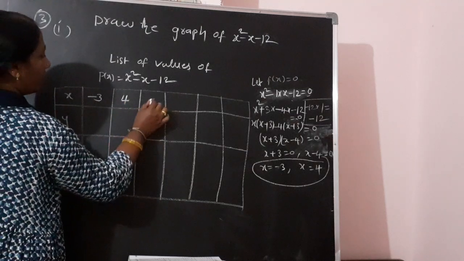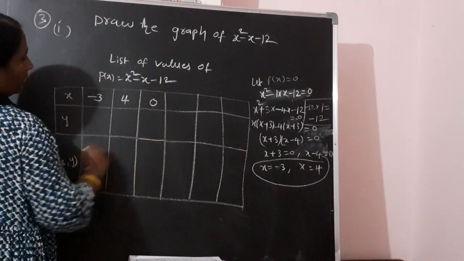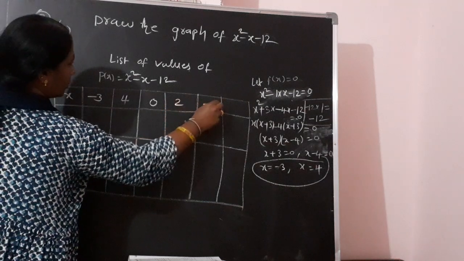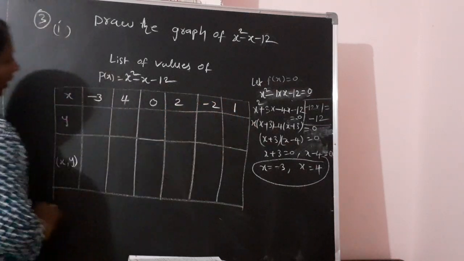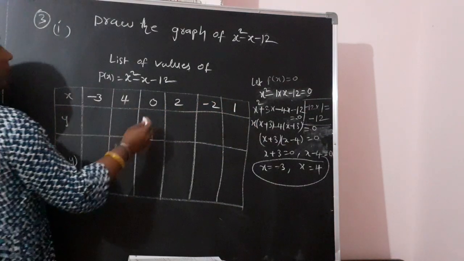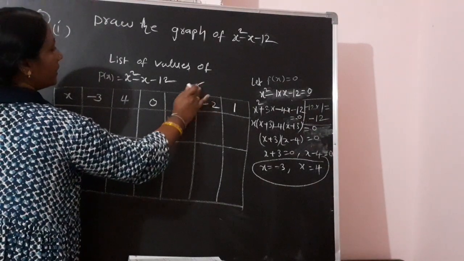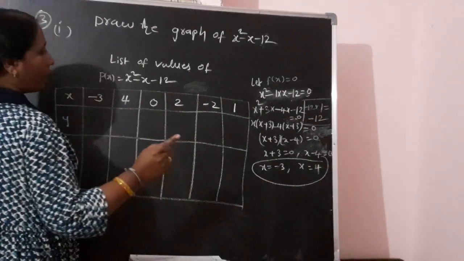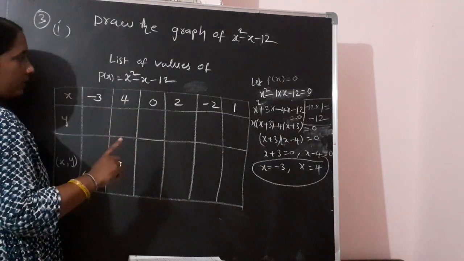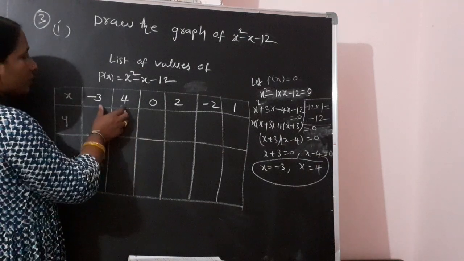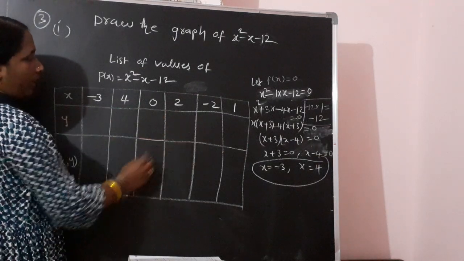What you can take: one is 0, next 2 you can take, minus 2, 1, like this you have to take. But don't take a value like 25, because in this situation you will have a problem with the scale. So the nearest values you have to take here. Okay na, right.